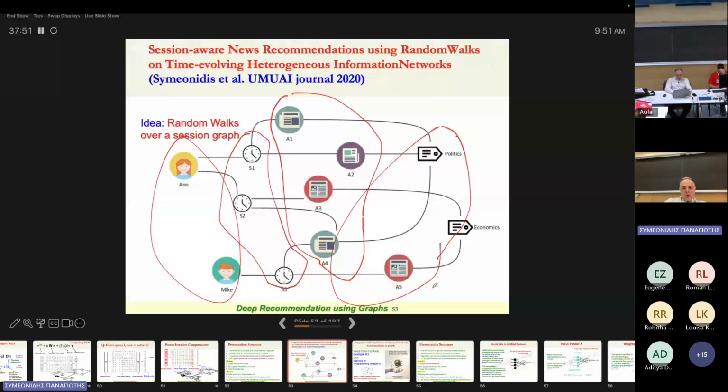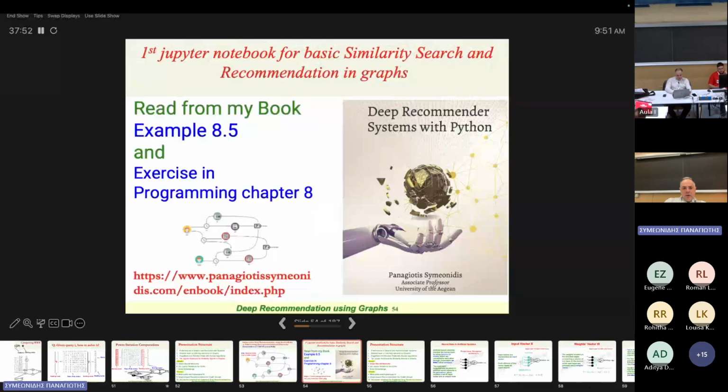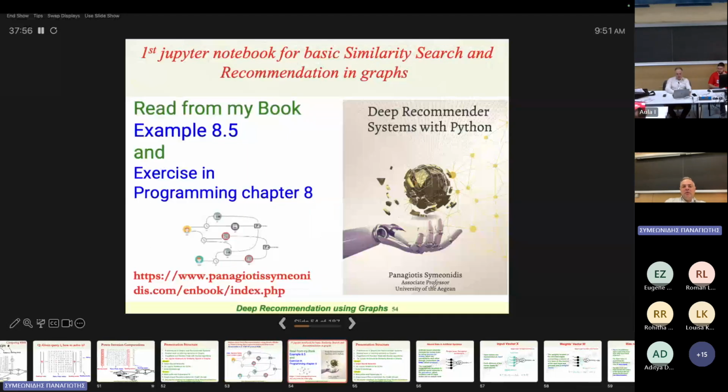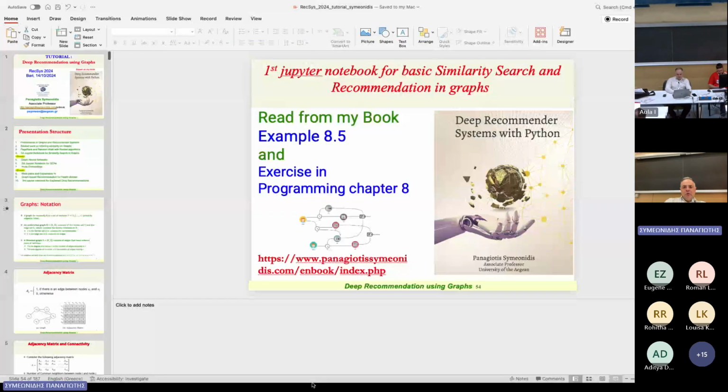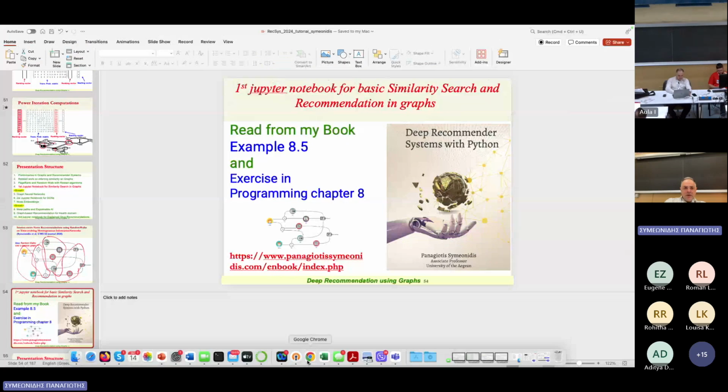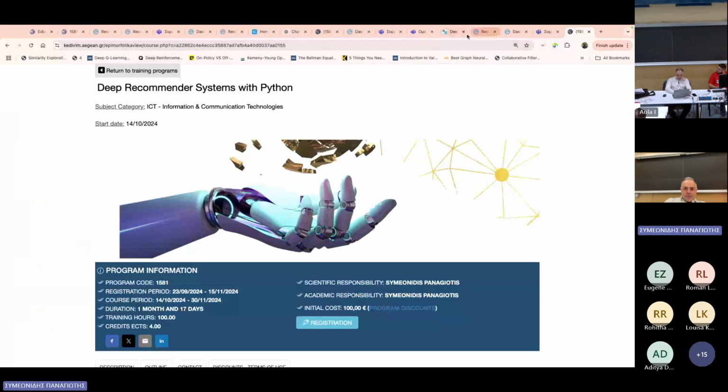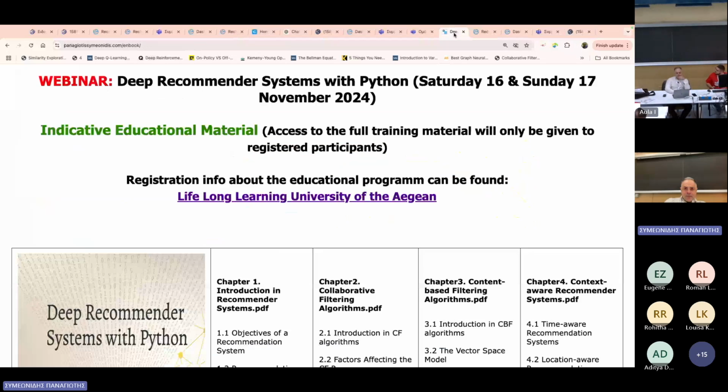So if we go now to the code, this is example 8.5 from the tutorial, and I guess we can go together now to have a look at it. So if we return to the web page, here, we can go to this book example 8.5, if I'm not wrong.